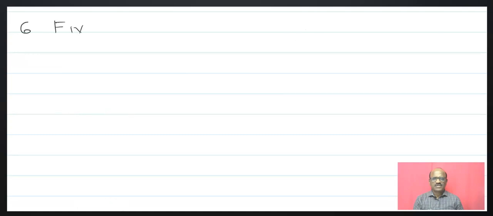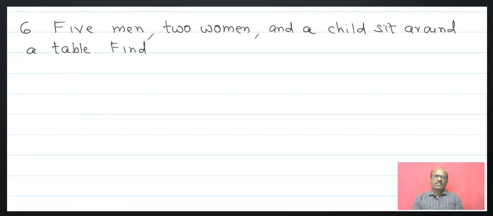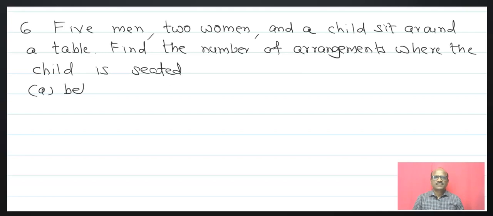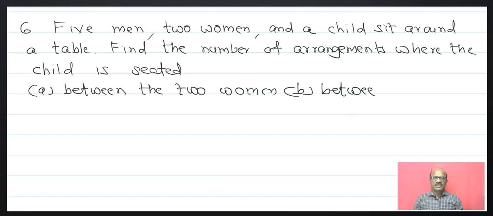Now next is question number 6. 5 men, 2 women and a child sit around a table. Find the number of arrangements where first, the child is seated between 2 women, second, between 2 men.